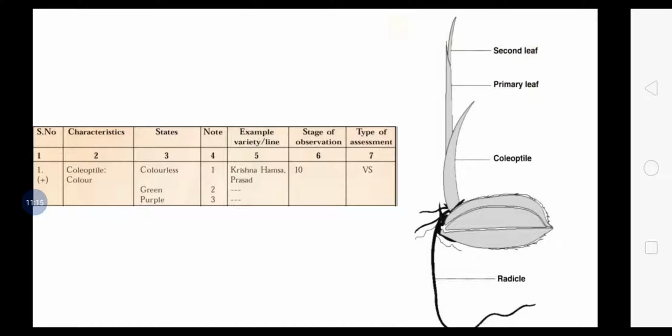Scoring is given as colorless 1, green 2 and purple 3. Examples of the varieties with colorless coleoptile are Krishnahamsa and Prasad. Stage of observation is 10. Remember, the first stage was 10, that is the coleoptile emergence. Here visual selection is done.